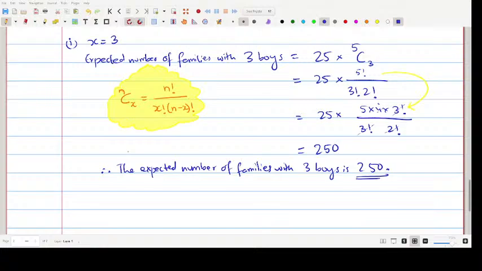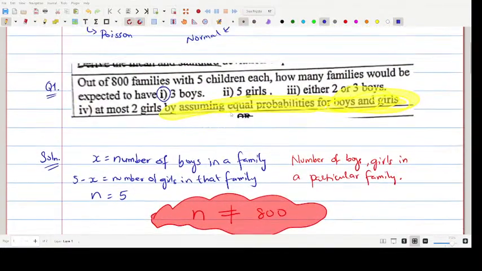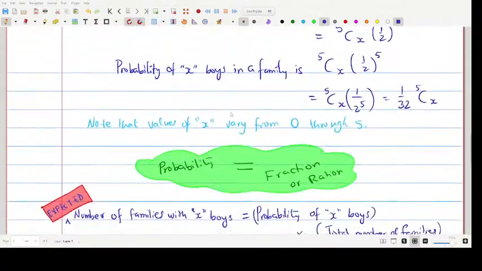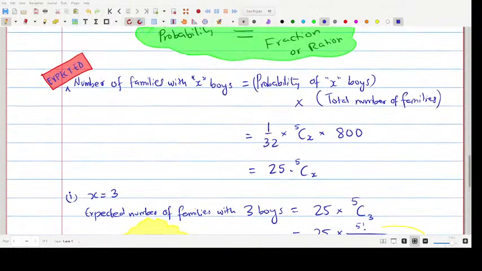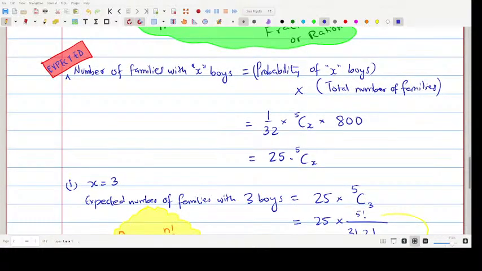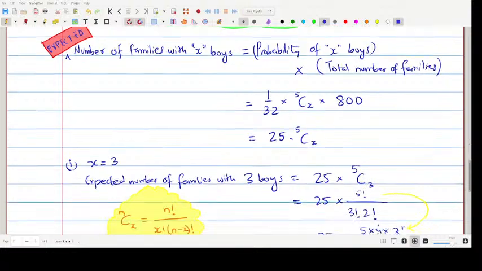Okay, now let's move on to the next sub part of the question. It says 5 girls, right? The question is 5 girls. Now, remember, we already have the formula. We have made the formula for the expected number of families with x boys, right?